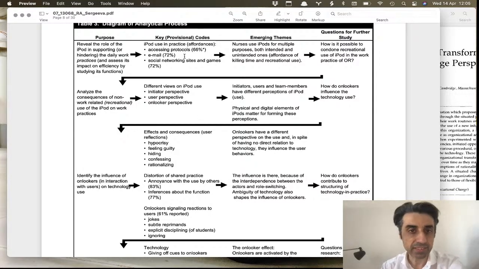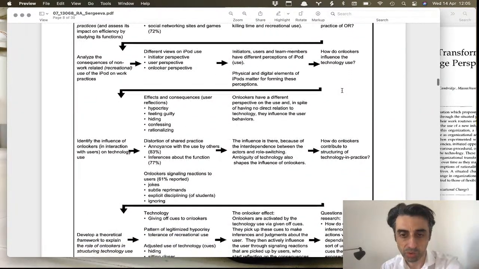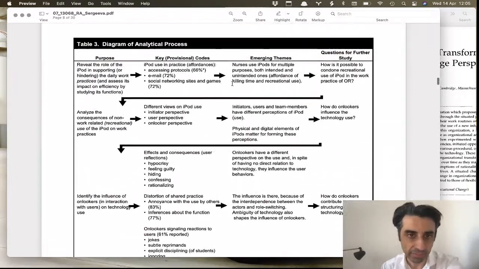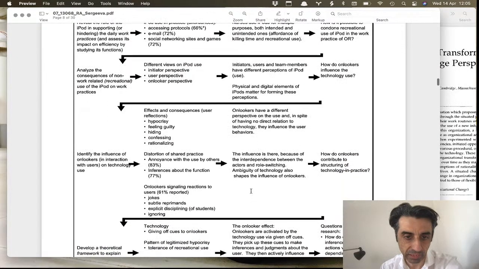And it is so beautifully designed that you can read just the columns and see how the purpose shifts, how the themes evolve, how the codes evolve, and how the research question evolves. So it's a really beautiful table that can be read in line, in column, and just as it is intended, in flow.